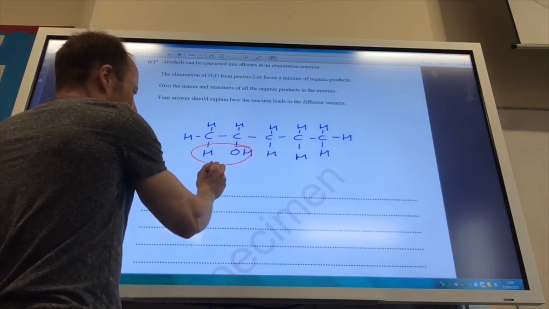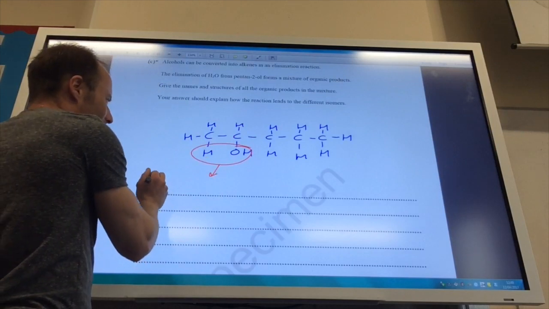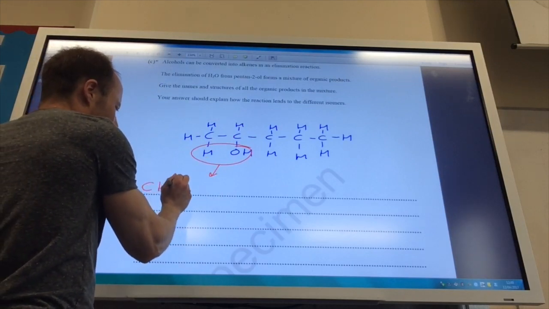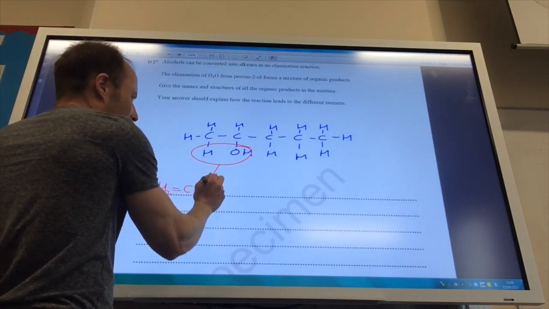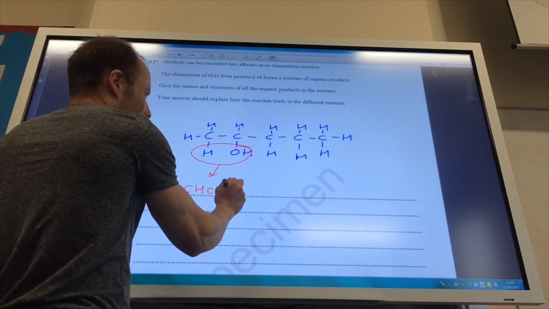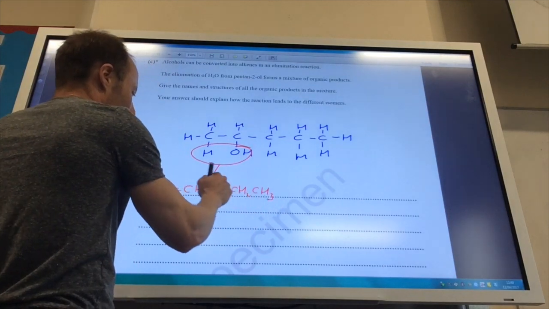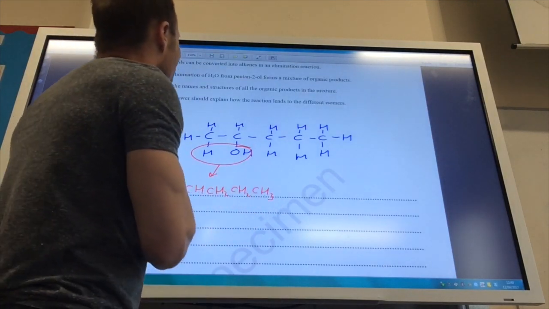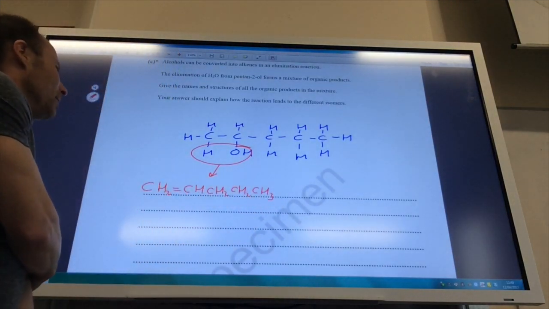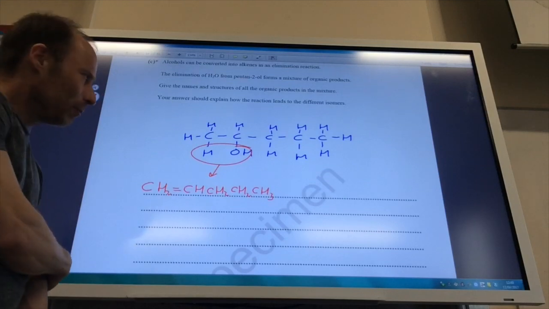first carbon. If that gets eliminated, I would make CH2=CH-CH2-CH2-CH3, which is of course pent-1-ene.